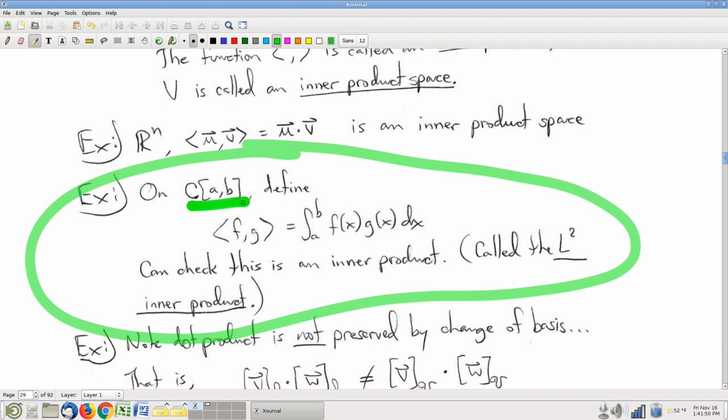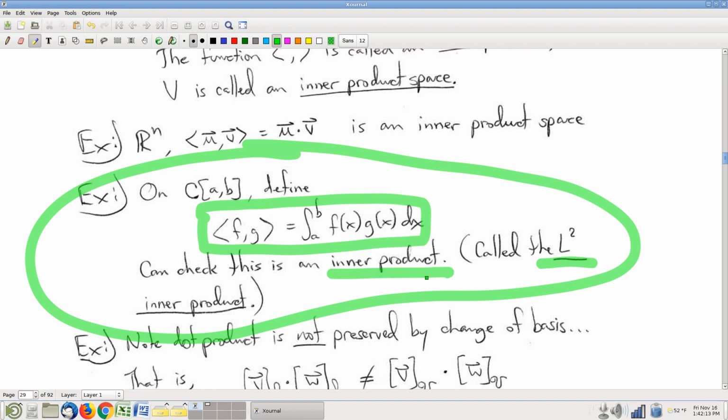Take this vector space and think back to chapter 2, the collection of all continuous functions on this closed interval from A to B. That's a vector space. Not hard to show. You can add, you can multiply by scalars. Let's now throw in this new additional operation called the L2 inner product. Now we have not just a vector space, now we have an inner product space.